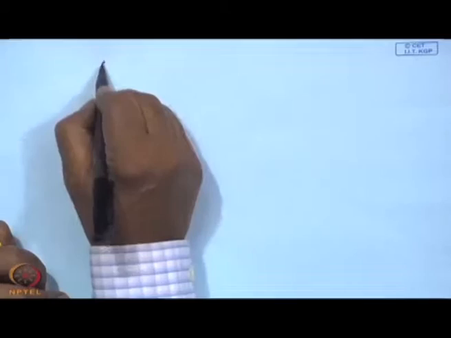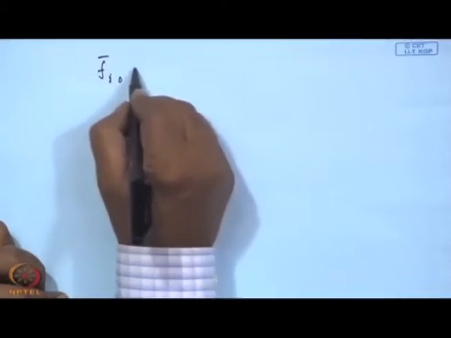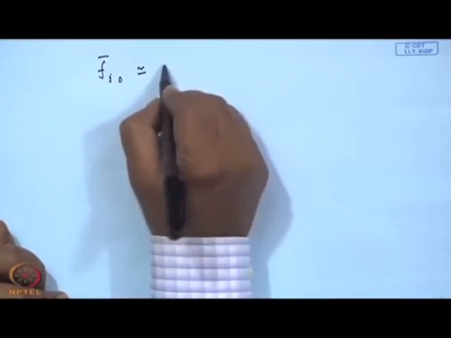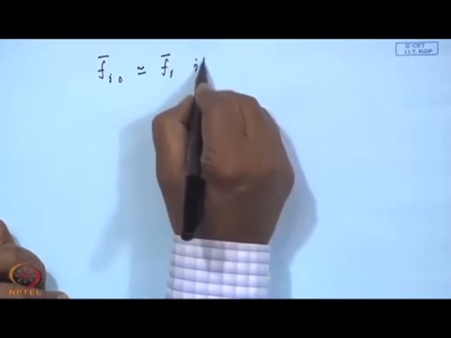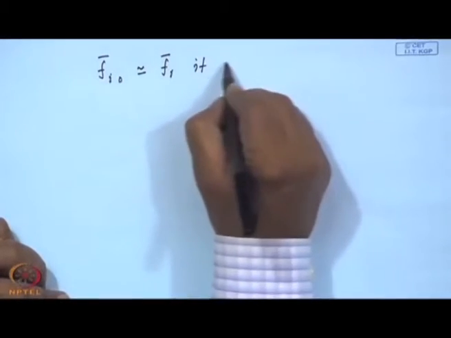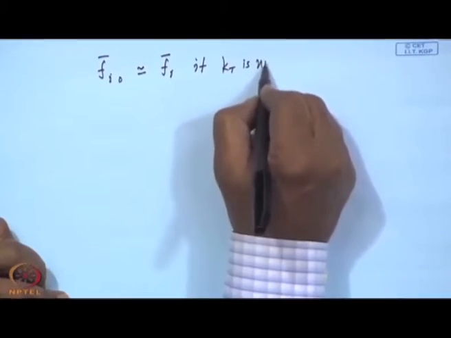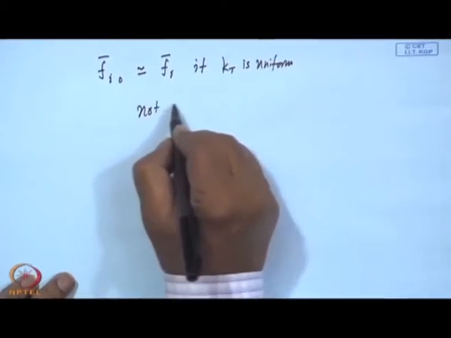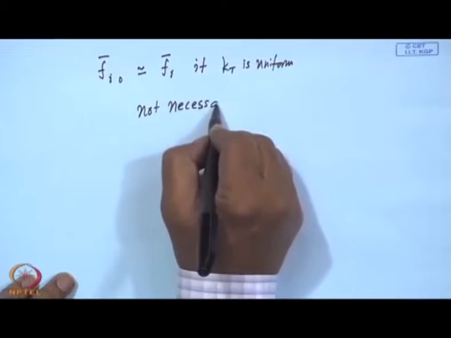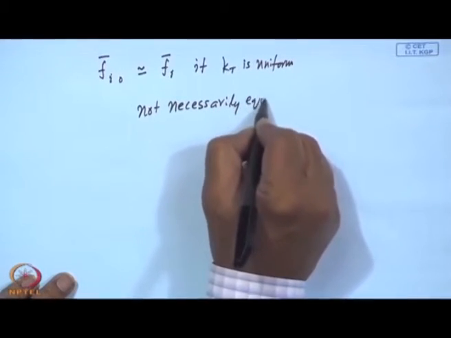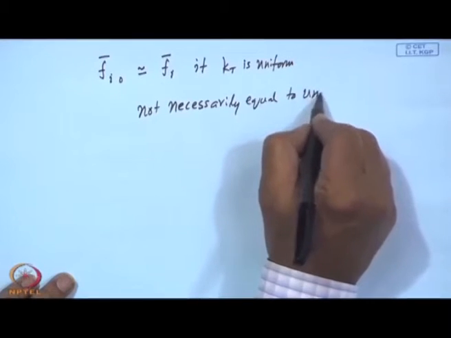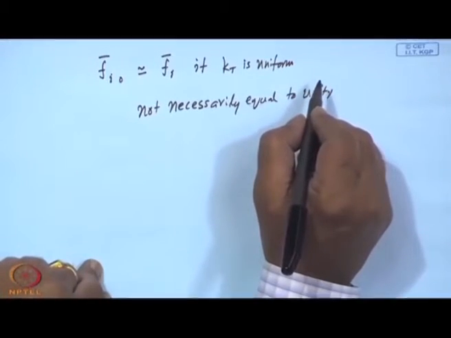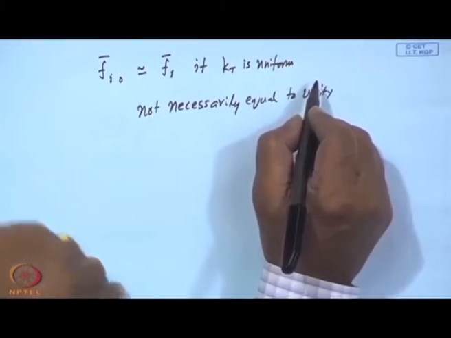So, this F I bar 0 will be very close to F I bar if K T is uniform, not necessarily equal to unity. This we have proved in the case of R b bar, looking at why the extraterrestrial calculation yields sufficiently accurate results.